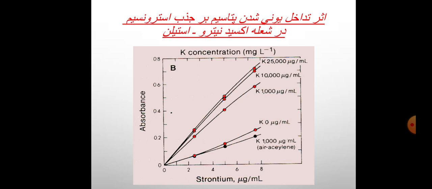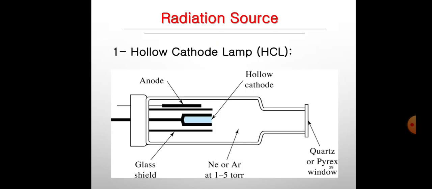And as you can see in this picture, when potassium concentration increases, the slope of this graph is increased. It means that the sensitivity of measuring strontium has been increased by increasing the potassium in the sample. That is for the reason that I explained.